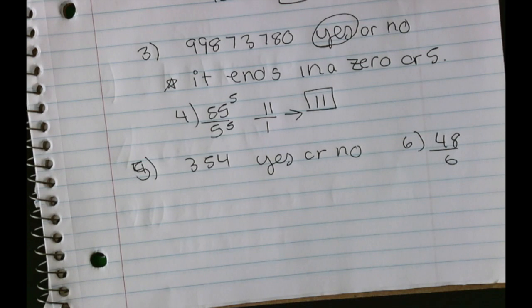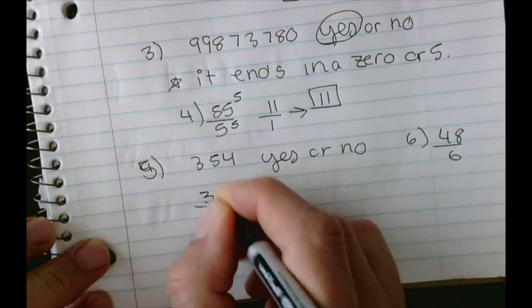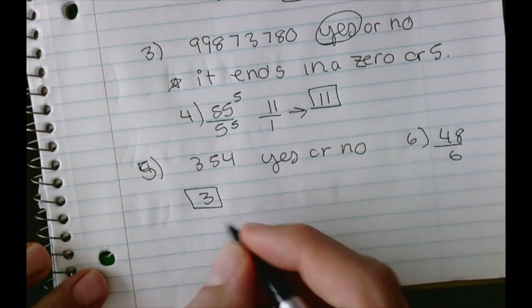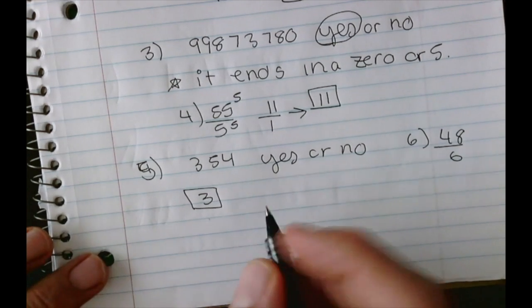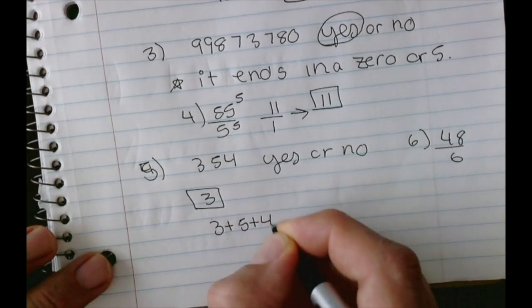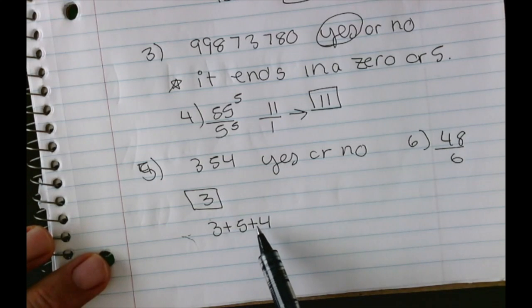We have 354. We're wondering if it's divisible by 3. Now, to know whether something is divisible by 3, you have to add up each digit and see if that's a number that can be divided by 3. So I write them separately and put plus signs between them.